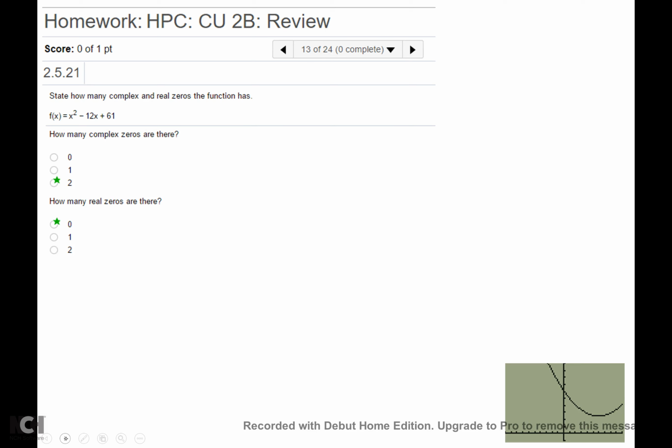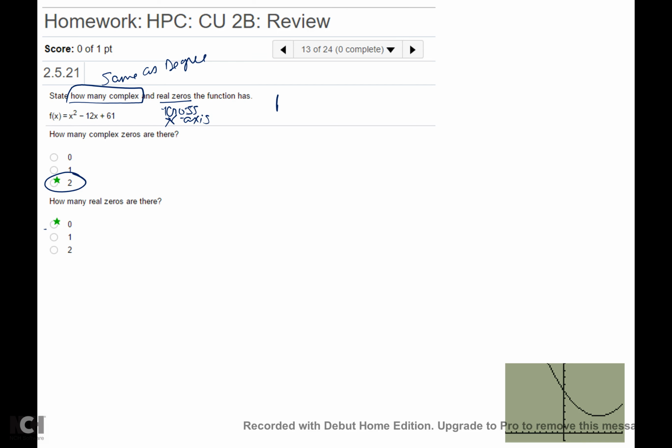Alright, state how many complex and real zeros the function has. Your degree is the number of complex zeros. That's the same as the degree. Always. Same as highest degree. Okay? Real zeros are the ones that actually cross or touch the x-axis. So the easiest way is, look at the degree. There's got to be 2 complex. Look at the graph.